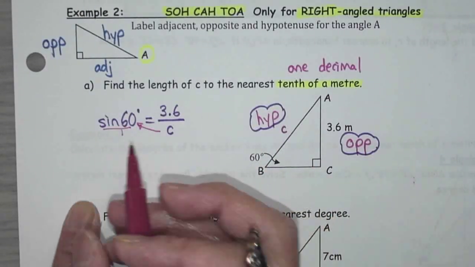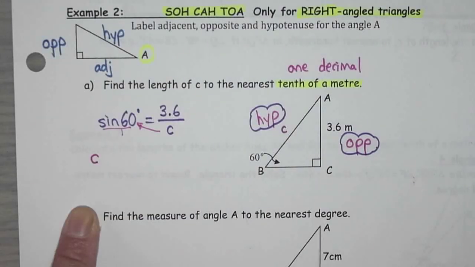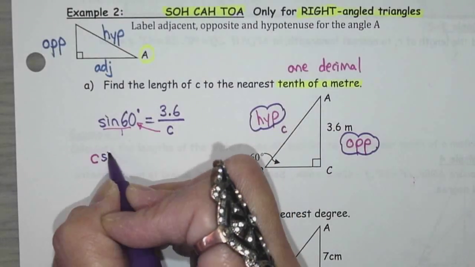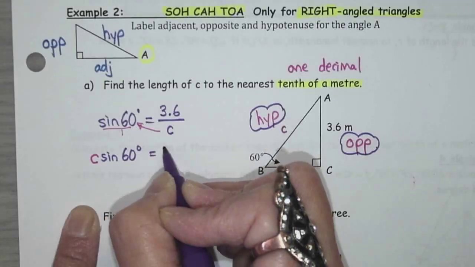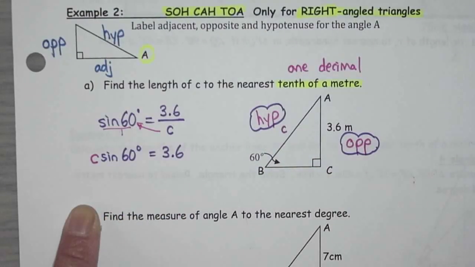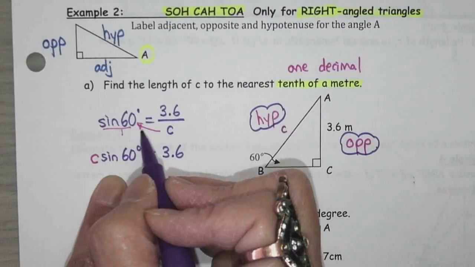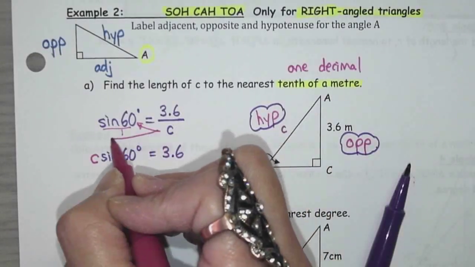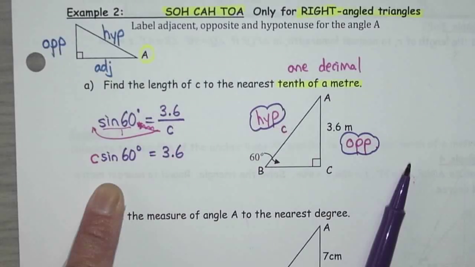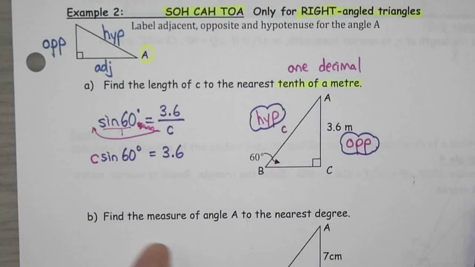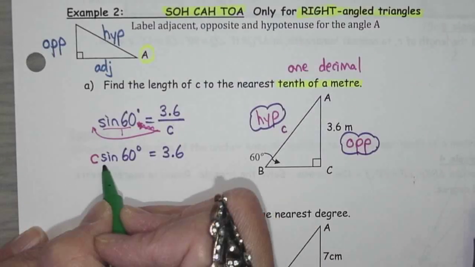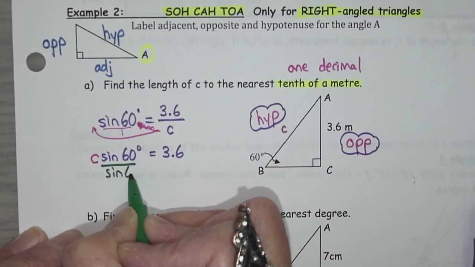When I bring the C up here to multiply, I put it in front. So C sine 60 equals 3.6. I don't want to put it after the 60, so I put it in front. Same thing, but it's easier in front. Then I divide both sides by whatever I don't want there, which is the sine 60.